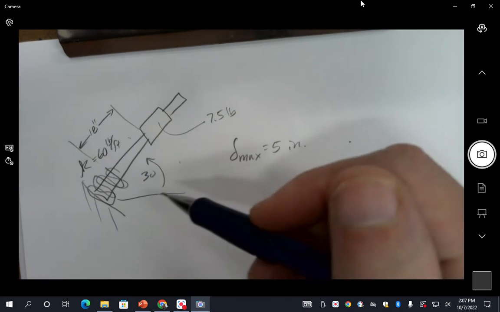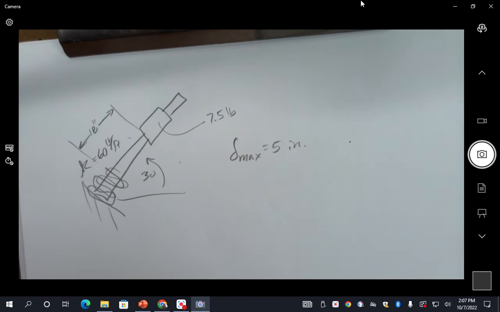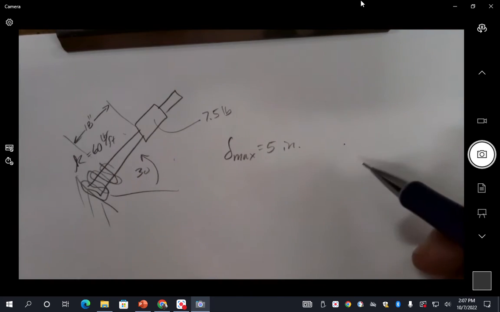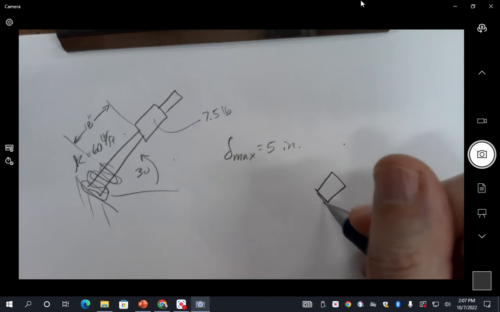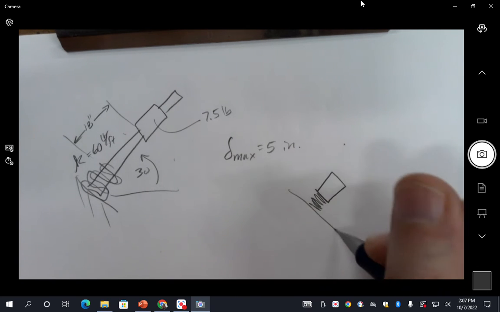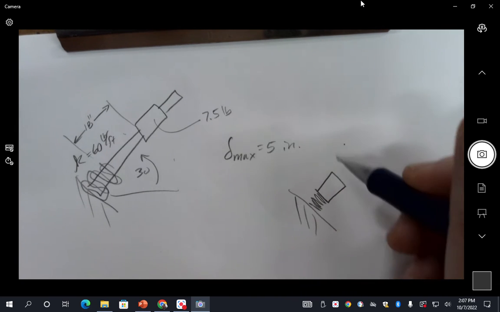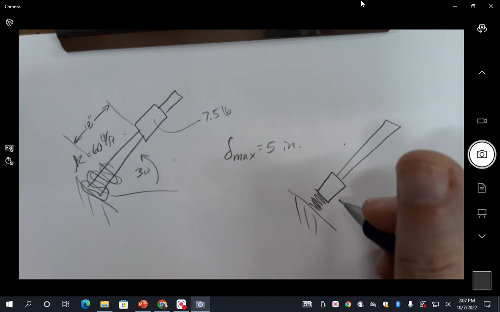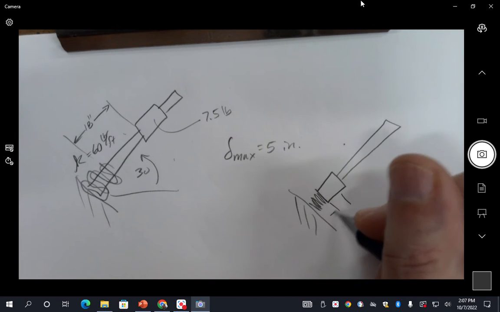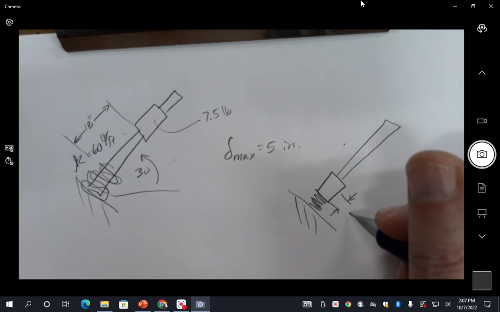So what I would do is I would draw another picture of this to work through and tell myself a story. The picture is going to be of this thing after it's been compressed. Right, so it's compressed 5 inches.